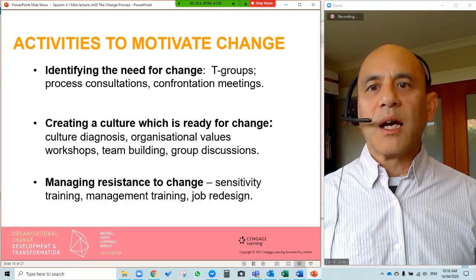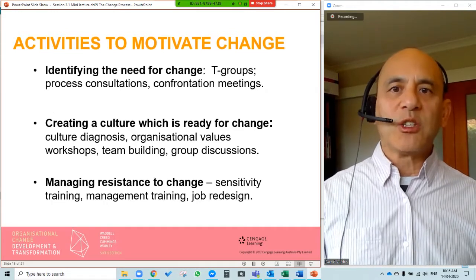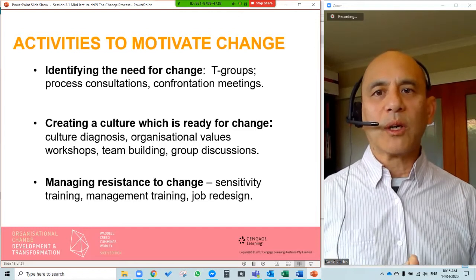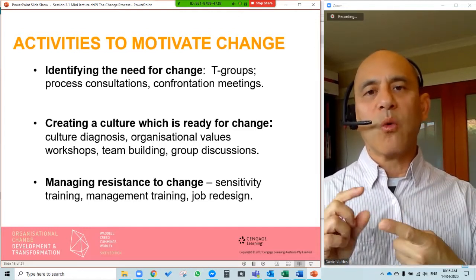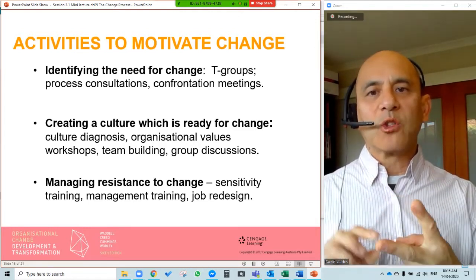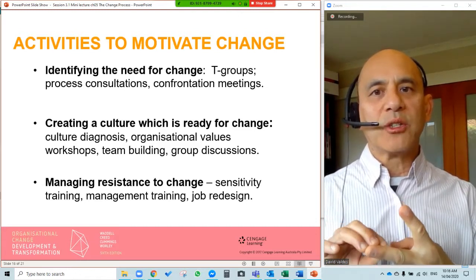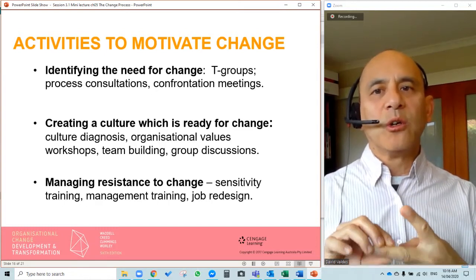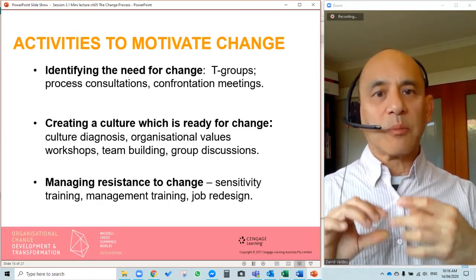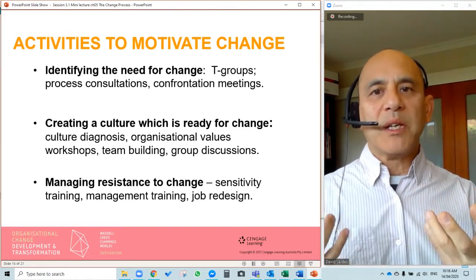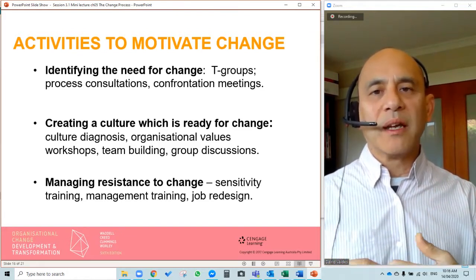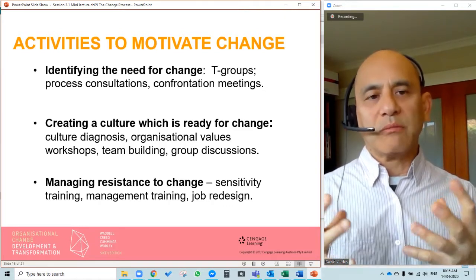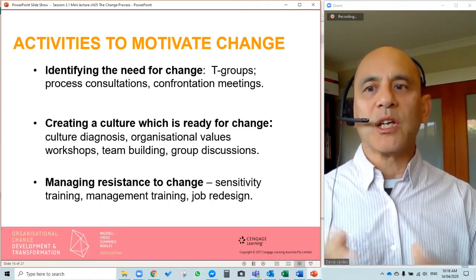An intervention to motivate change would mean, for example, in the ProSci-ADKAR model, we look at the first 2 stages, which is awareness and desire. What we're trying to do in this stage is get people to have that desire to actually change, to realize that there is a problem with the way they are behaving, the way they are performing, and to realize that they have to make that change. So that's motivation to change.